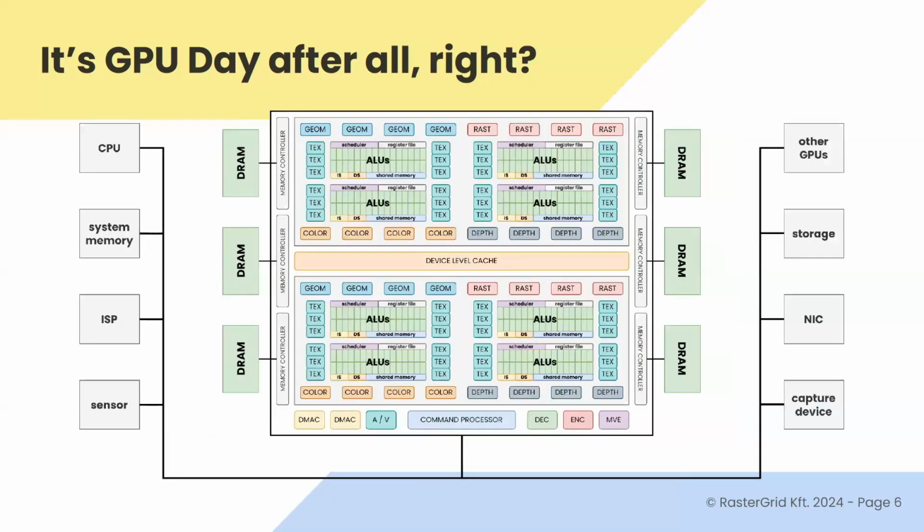But looking further, when we are working with GPUs, we also have to be careful about how we communicate with the rest of the system. We have to talk with the CPU. We have to share data with system memory. We might even talk with other devices like ISPs, sensors, other GPUs, network cards, capture cards, or even storage.